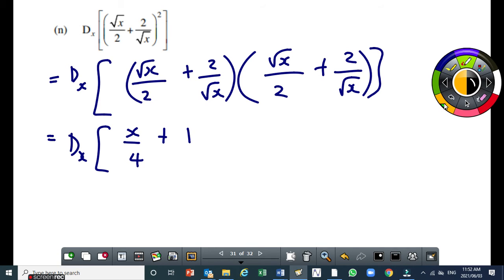Because square root of x times 2 will give you 2 root of x, over 2 times square root of x will give you another 2 root of x. You are going to see it very soon. Then 2 over square root of x times square root of x over 2 will give you another 1.